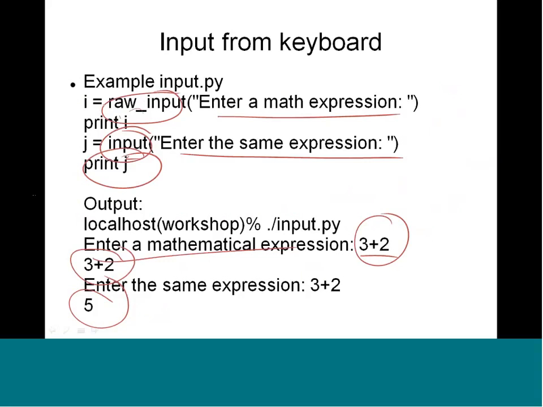The raw_input gets whatever is there as is, whereas input will try to evaluate an expression, and that's what gives the input value. So if you use input, then the mathematical expression is evaluated. If you use raw_input, then it is not evaluated.